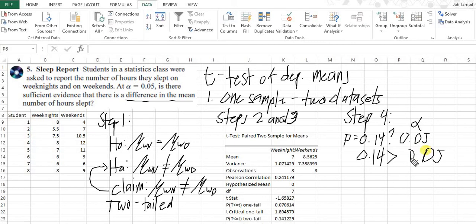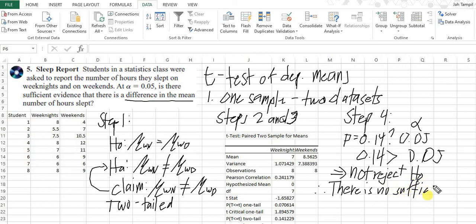Sorry about the handwriting. Now, because of this, we will not reject H0. Therefore, our conclusion will be there is no sufficient evidence to reject H0.